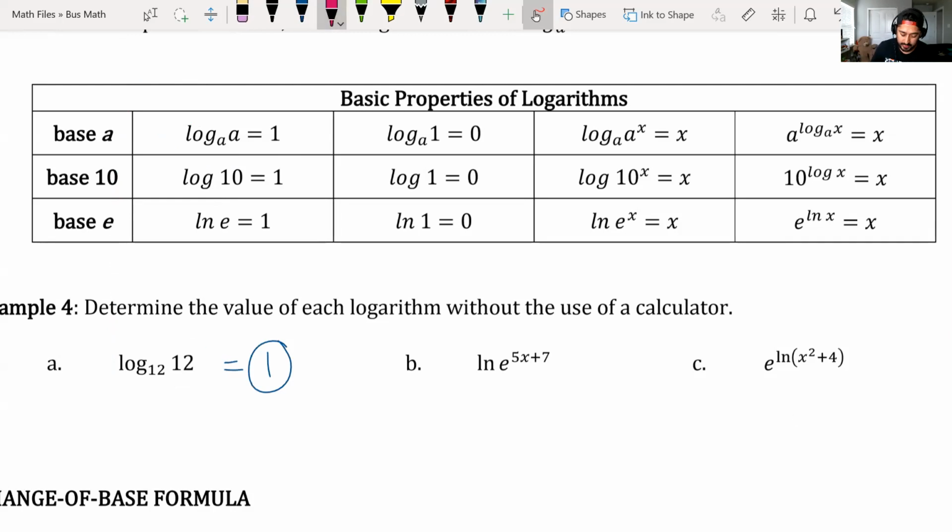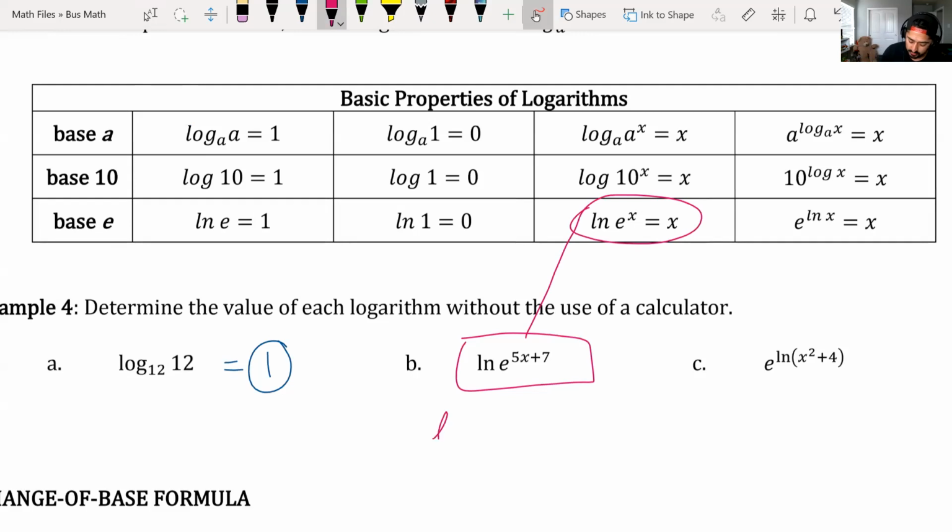Second one, natural log of e to the 5x plus 7. What column does this look like? This looks like the third column. This one looks just like that one, where I will rewrite this for you.